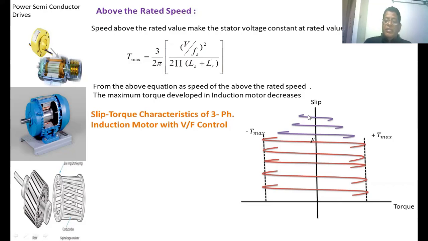Increasing the frequency further, again the maximum torque will decrease further. In this manner, we got the group of slip torque characteristics of the induction motor at different frequencies, where the frequency changes from 0 to above the rated value.